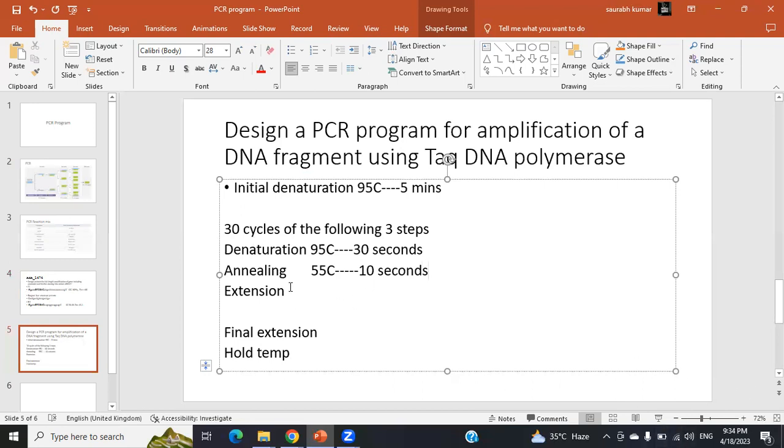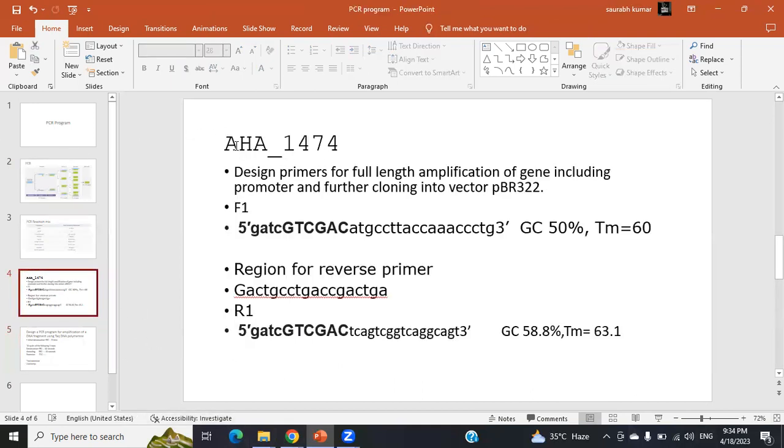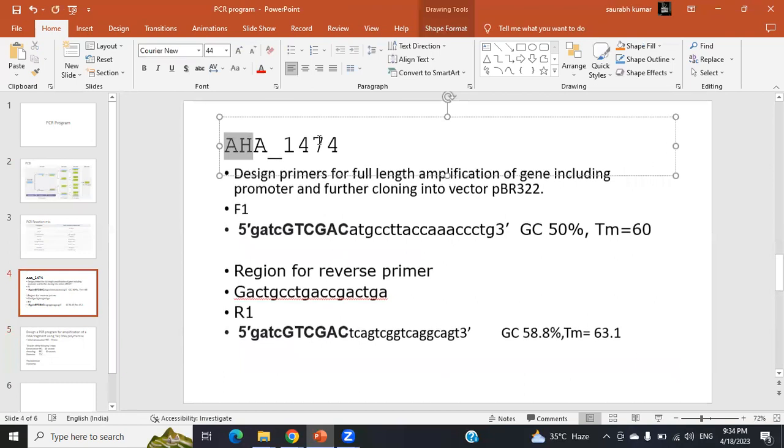And then comes the extension. So the standard temperature for extension is 72 degrees Celsius. And the time that we would do the extension will depend on the size of the fragment that we are amplifying. So I need to check the size of the gene.